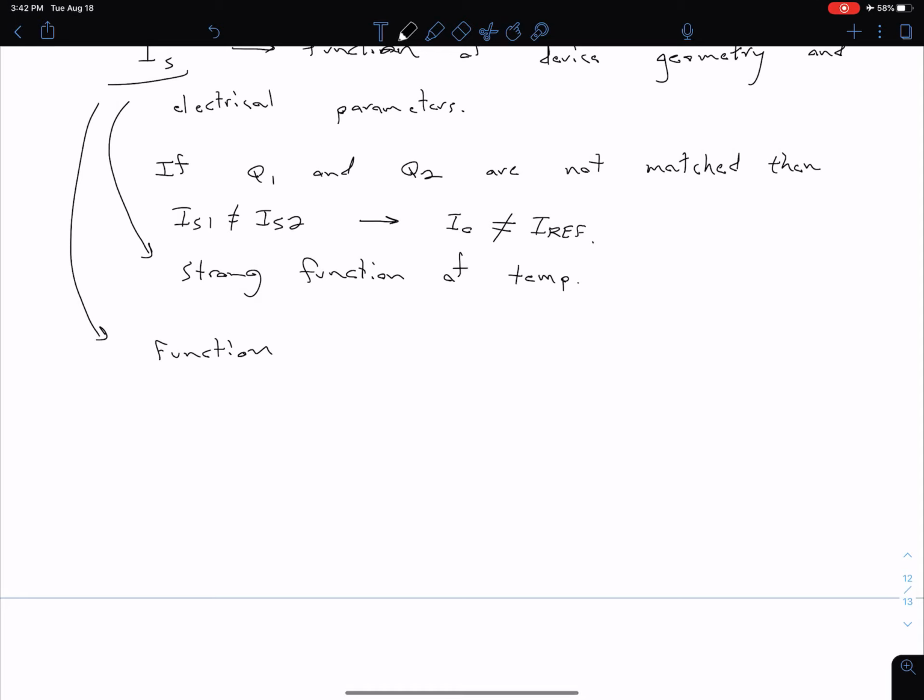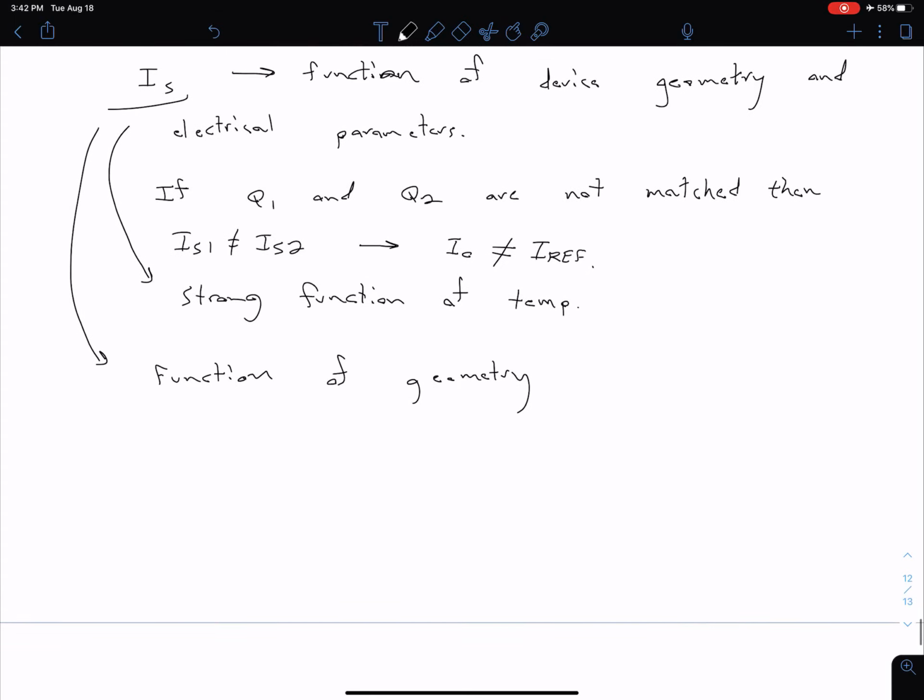It's a function of geometry, as we've already stated above. What that means is that we can change the size of our transistors in order to change our I out.